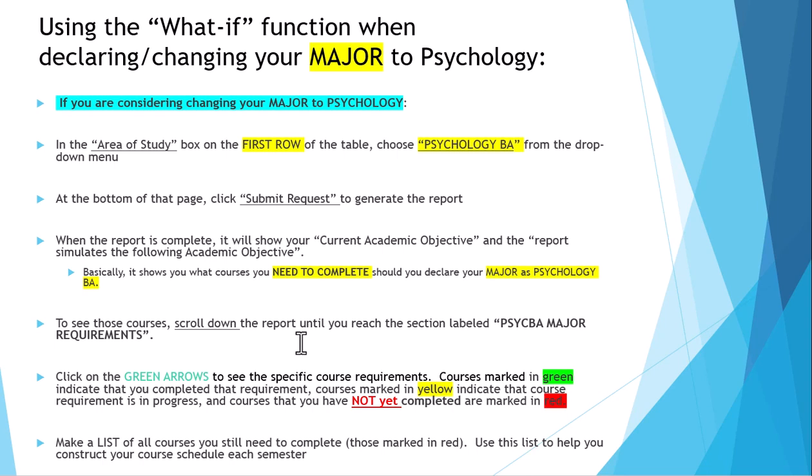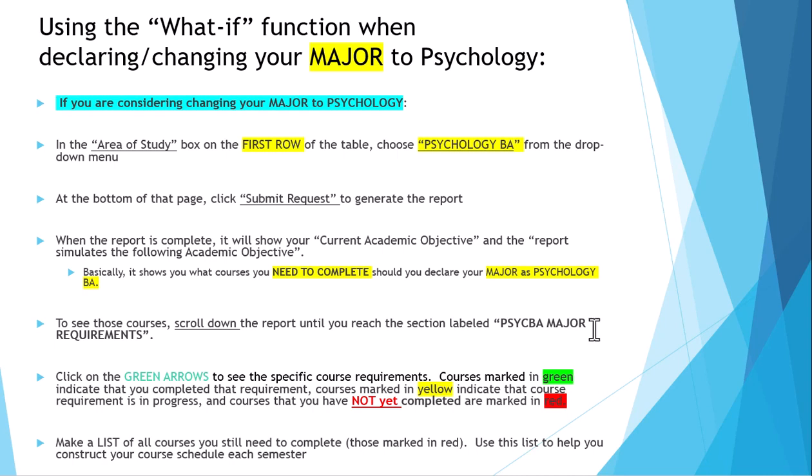What is different is that instead of showing you your current major requirements, it's going to show you what the requirements are if you do change your major to psychology. Scroll down until you reach that section, and then you're basically going to interpret the report as you would your My Progress report.